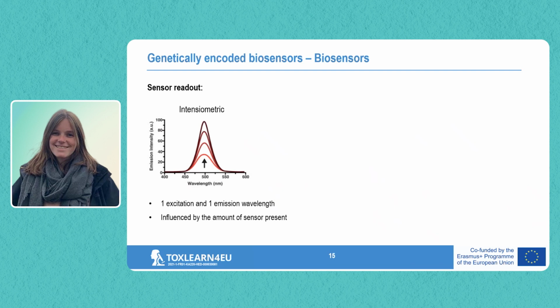When more hydrogen peroxide is present, more of it will bind to your sensor and the fluorescence will go up. But you just measure with one excitation wavelength to excite the fluorescent molecule, and it will emit light at another wavelength. So that's the emission wavelength. So here, for example, you have all these curves, and you see the fluorescence emission intensity at the specific wavelength.